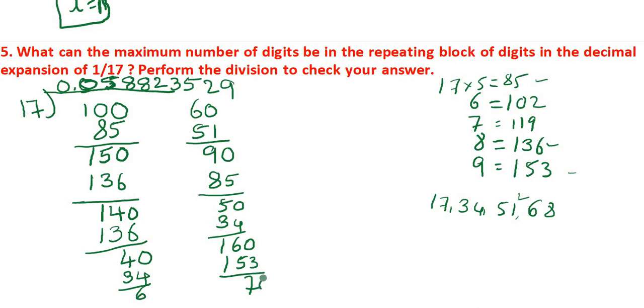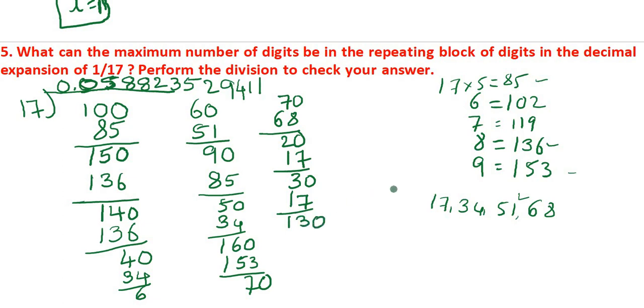Now again we are getting 0 here, means 70, 4 68, okay, getting 2. Again 0, 1 17, again getting 3. Again 0, again we have to write 1, 17. Again we have 13, 0, so nearest to 130 is 119, that is 17 times 7 is 119, so again we are getting leftover 11.